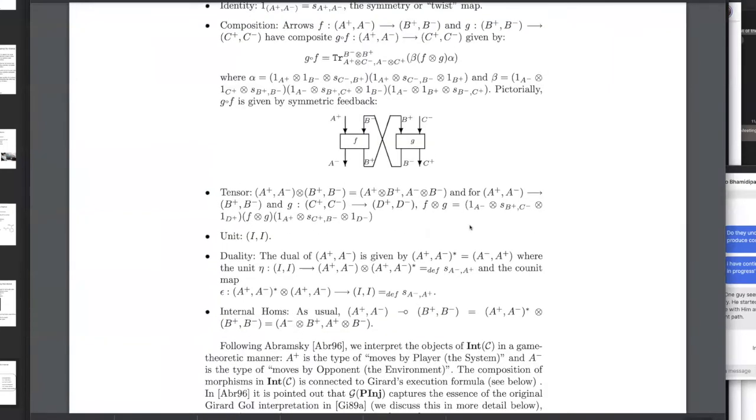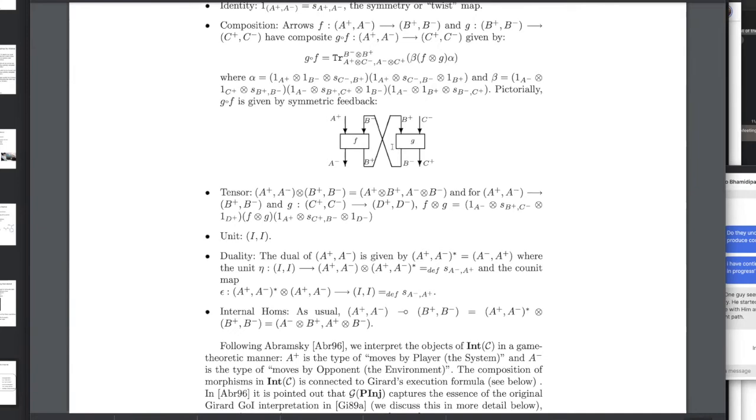Okay, so if we arrange the morphisms as boxes, then notice that the polarities for the A's and the B's are reversed. So a morphism from an A to a B flips the B's around. And that's important for composition.